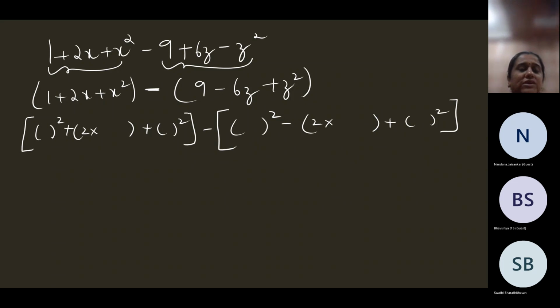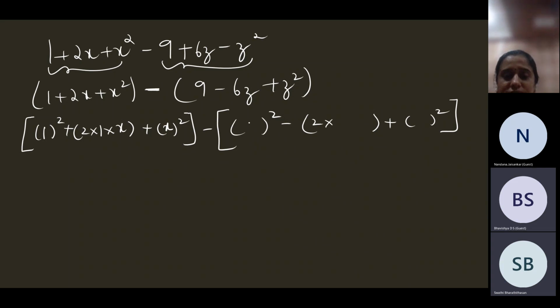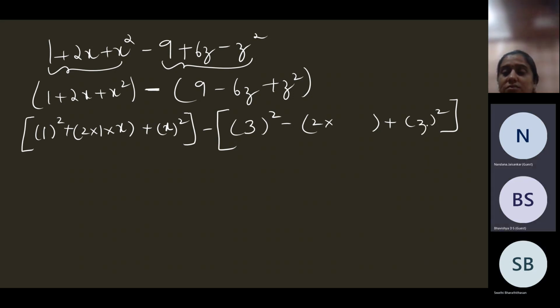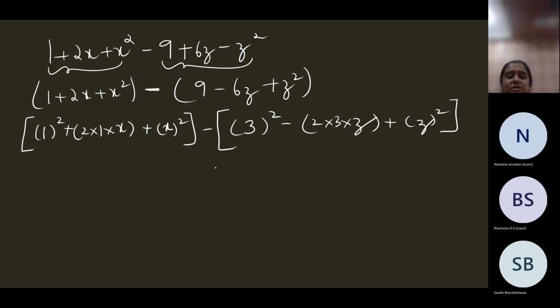Now tell me, fill in the blanks. Ma'am, what comes? 1 here. x, ma'am. So 2 into 1 into x. Are we getting the middle term? Yes, ma'am. Yeah, here. Ma'am, minus 9 or 3 square. 3, ma'am. 3. Here. Z, ma'am. Okay, so 2 into 3 into Z, which is 6Z.